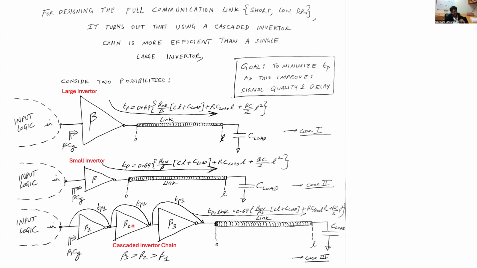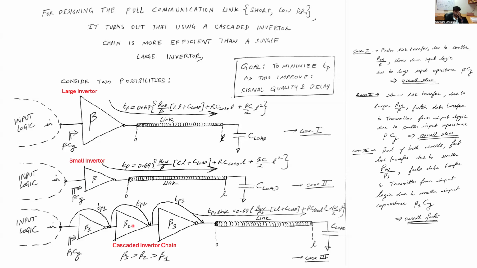So this is why a cascaded inverter is going to be the most optimal solution to designing this kind of digital CMOS-based link versus using a single large inverter or a small inverter. So that's what is described here.